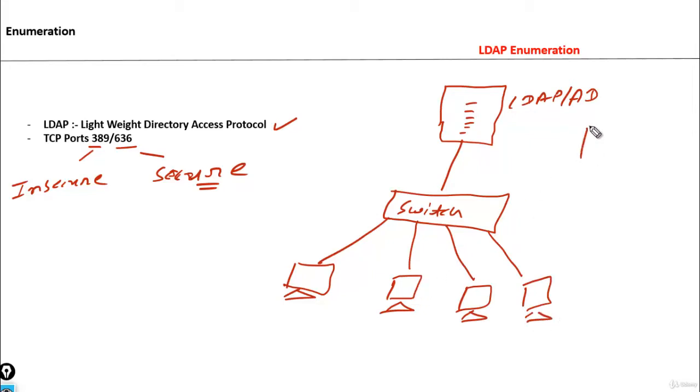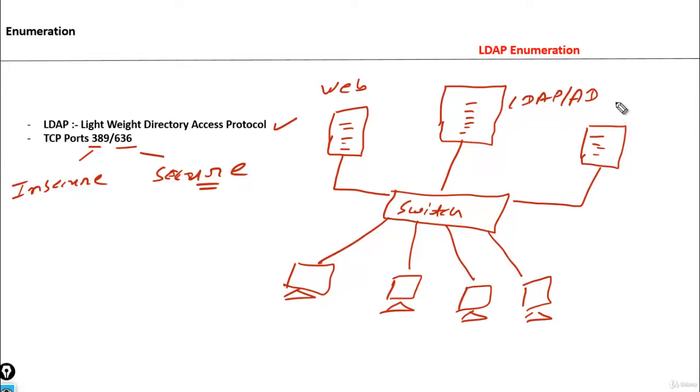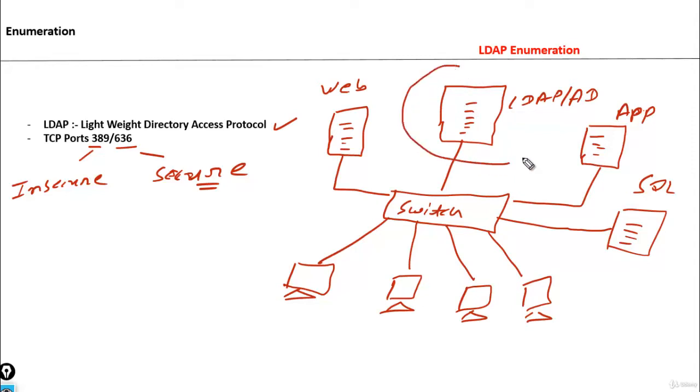You also have different servers in your organization, like a web server, an application server, and a database server like SQL Server. So you have multiple servers and you want to create this server as a centralized management server for users and groups.